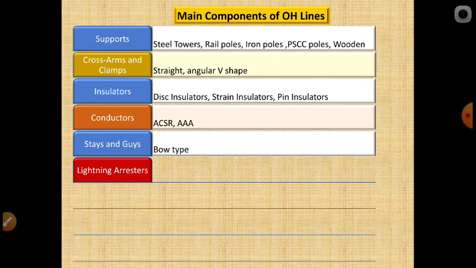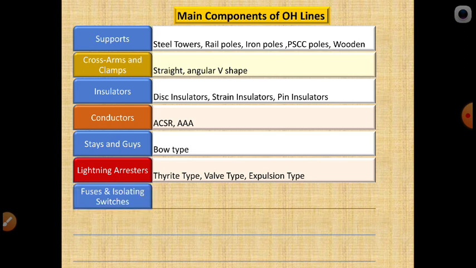Whichever type of lightning it is, whatever high traveling waves come in the line have to be diverted into ground without passing to costly equipment. Let us see later. We have the different types: rod type lightning arresters, spear gap lightning arresters, and mainly thyrite type, valve type and expulsion type lightning arresters. These are the famous lightning arresters. Let us see later.